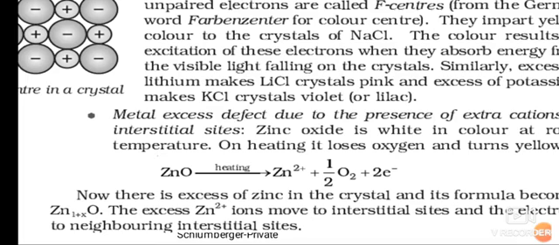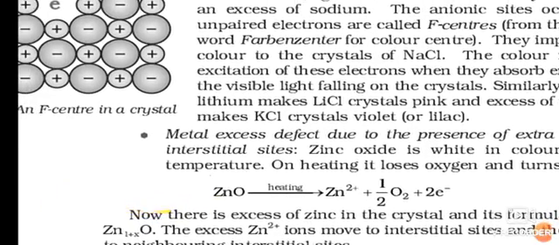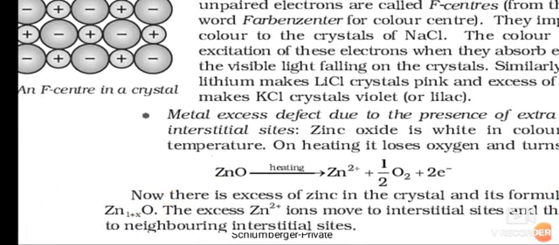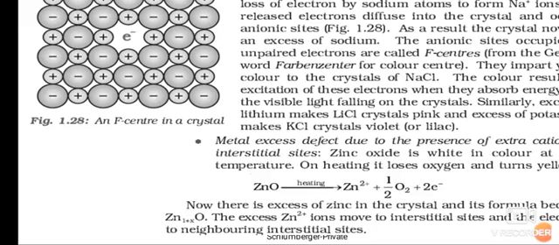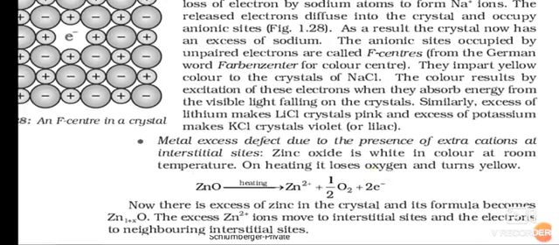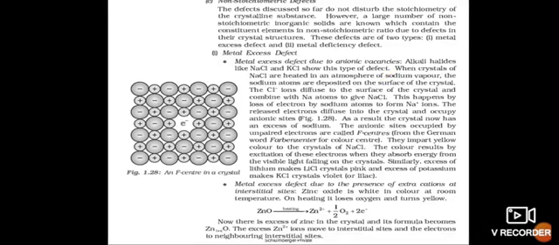By removal of oxygen from the crystal, an excess number of zinc ions is produced, and the formula becomes Zn1+xO. That is why the stoichiometry changes, due to the presence of extra cations, that is, excess Zn2+ ions.